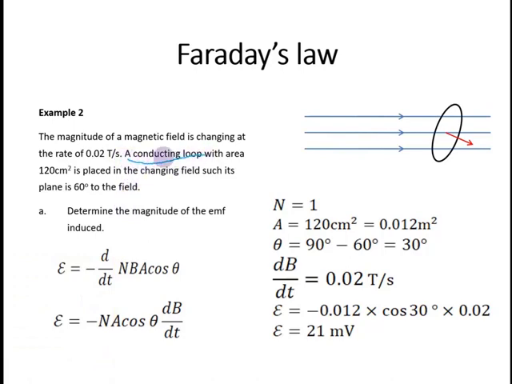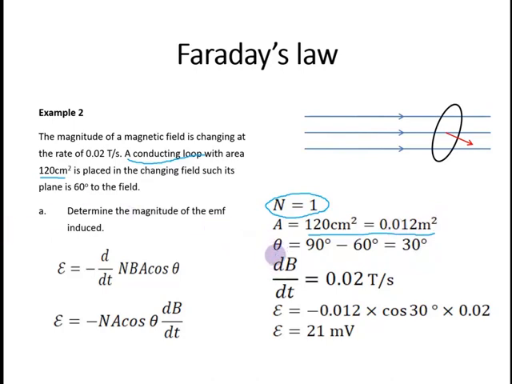We have a conducting loop that tells us that the number of turns will be 1. Then we have the area given here, 120 centimeter squared. That converted to meter squared will leave us with 0.012 meter squared.